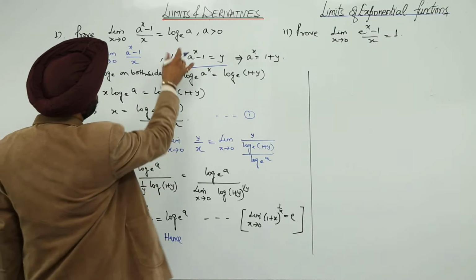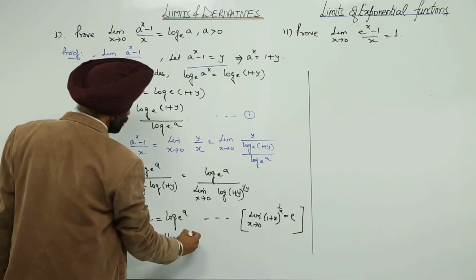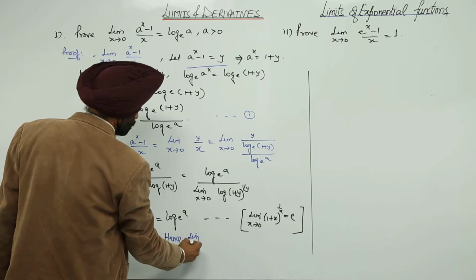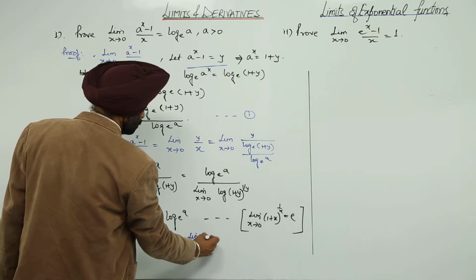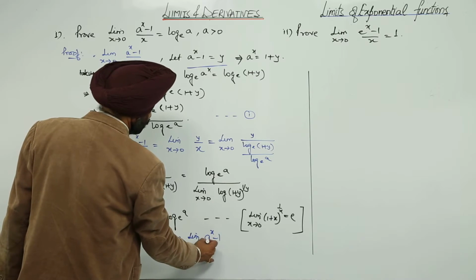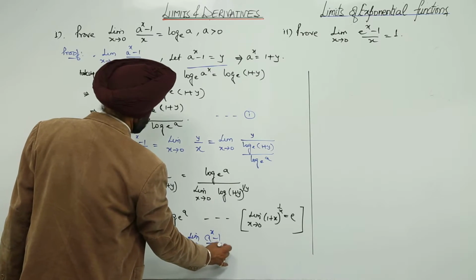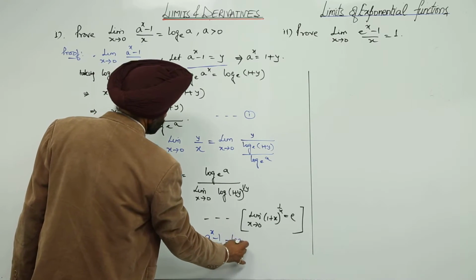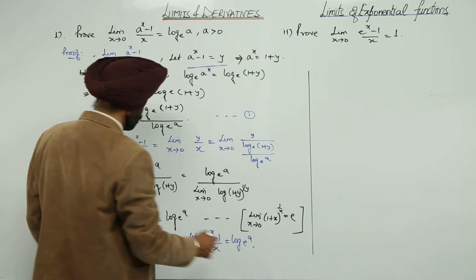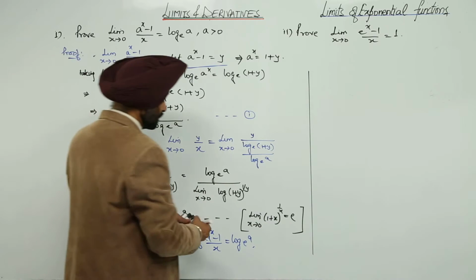Hence this part we have proved here. Hence limit x approaches 0, (a raised to power x minus 1) upon x is log e a. Okay. So this is one of the results.